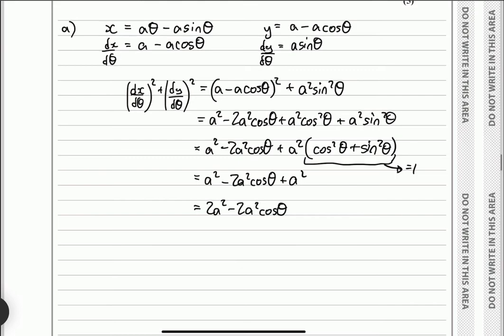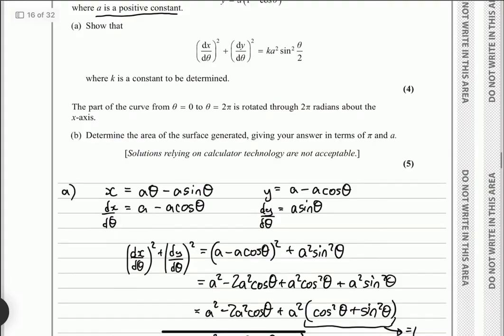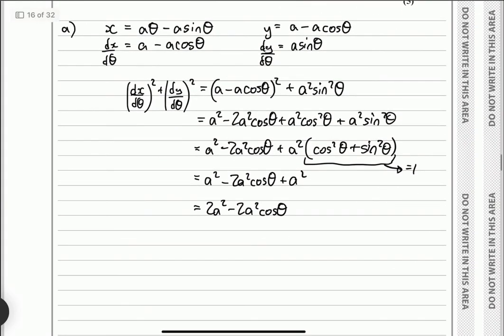cos theta, but we need to combine this into one term and have a theta over 2 and a sine squared, not a cos. So to do that, we're going to use the identity that sine, let me use x, sine squared x is equal to a half minus a half cos 2x.